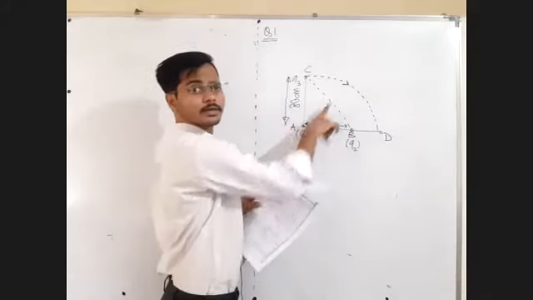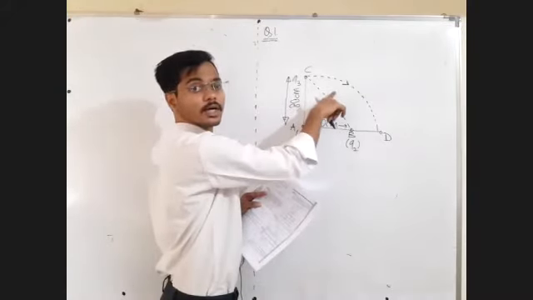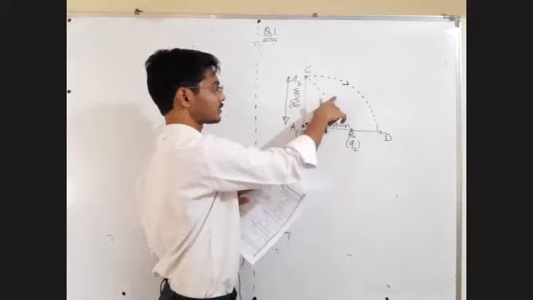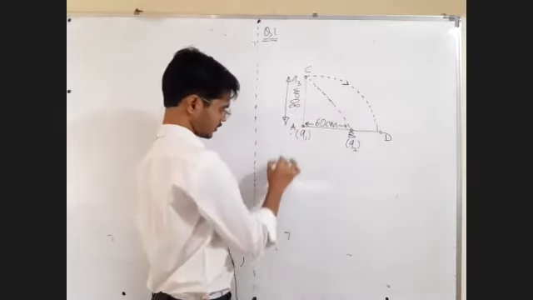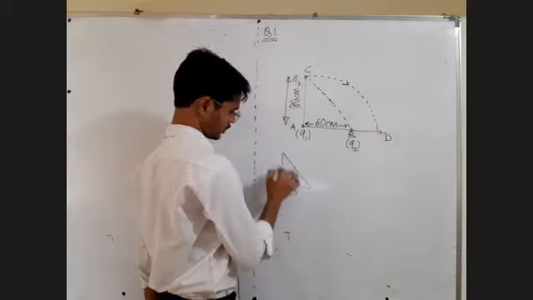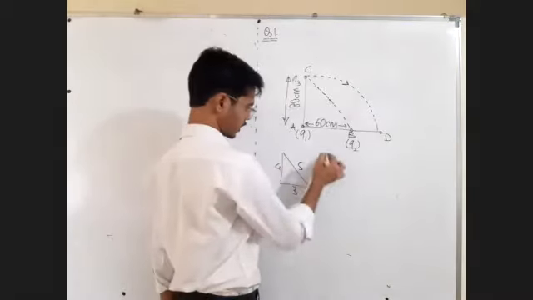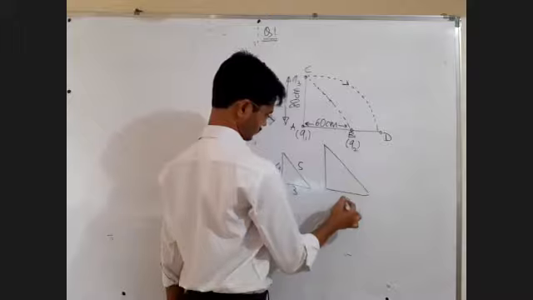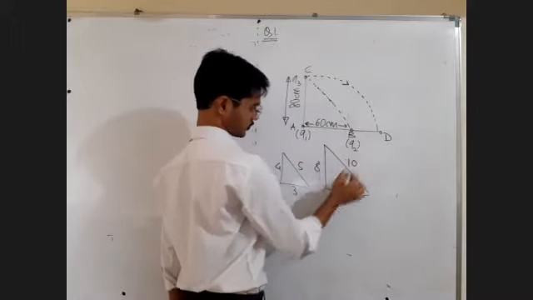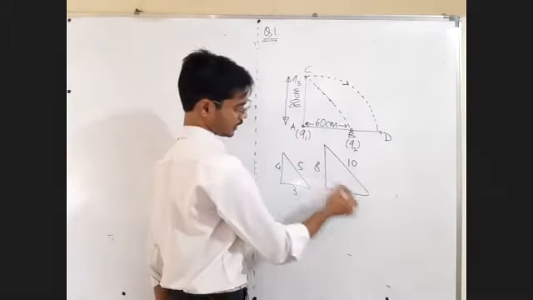6, 8, 10, or 60, 80, 100. 6, 8, 10 is a Pythagoras triangle, from 3, 4, 5. If 3, 4, 5 is a Pythagoras triangle, you can multiply all the sides by 10.